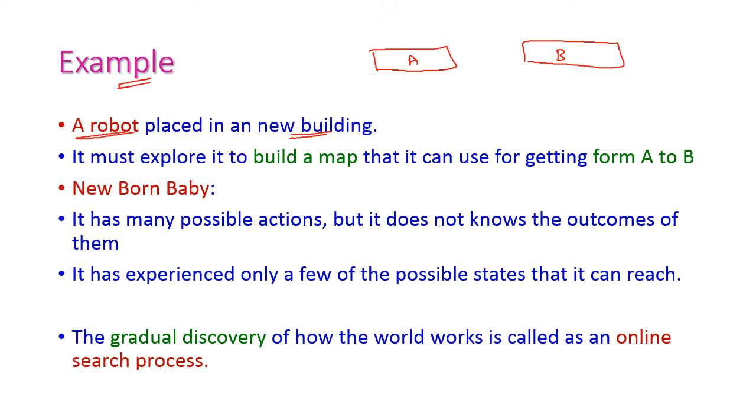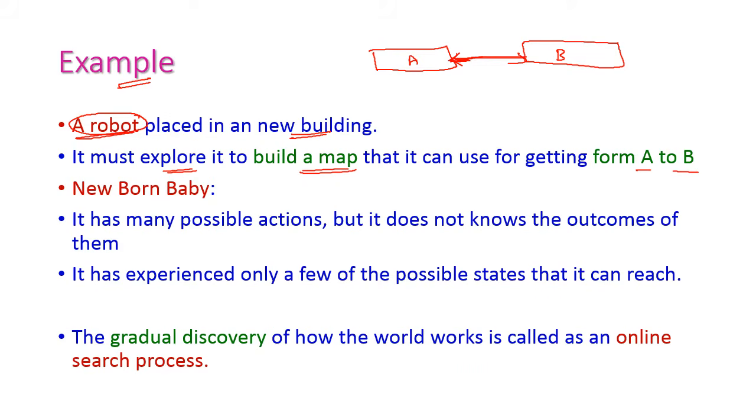Now the agent wants to clean both the rooms, and hence it should know the route from room A to room B. Hence it must explore to build a map. So by using the map only it can get the way from A to B, right? So the robot, if it is placed in a new building, has to create a map from room A to room B.